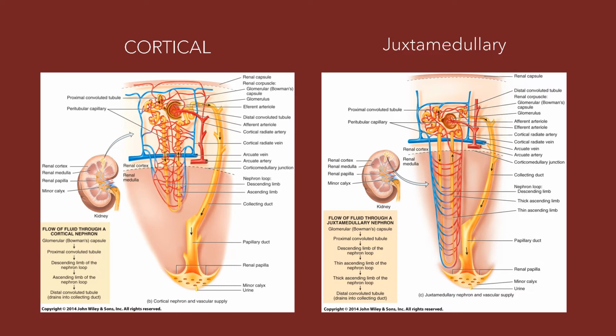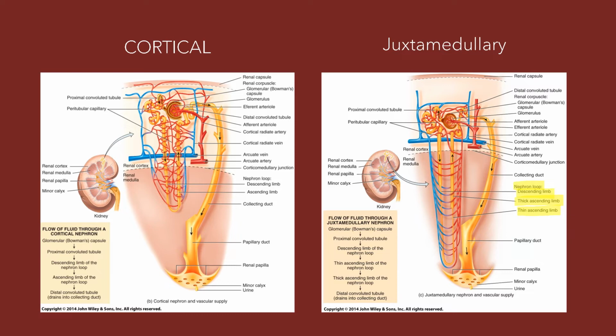Here we can also see the two portions of the loop of Henle in the juxtamedullary nephrons. Here we can see the labeled nephron loop. We have a thin ascending limb and a thick ascending limb. The descending limb is going to be the same all the way through though.